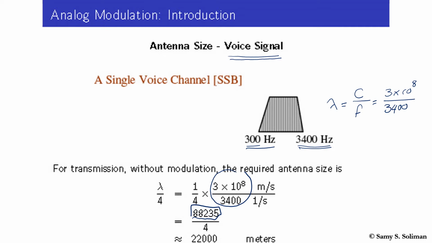That's why we don't want to be tied with a wire or something like that. However, if we decide to transmit a voice signal, such as what we do in phone calls, it would be completely impractical to send the signal in its original form, which has frequencies in the range of a little below 4 kilohertz, because that requires an antenna whose size is 22 kilometers.